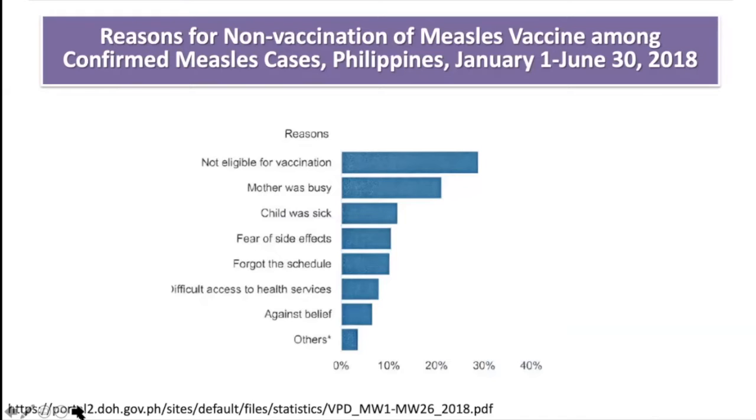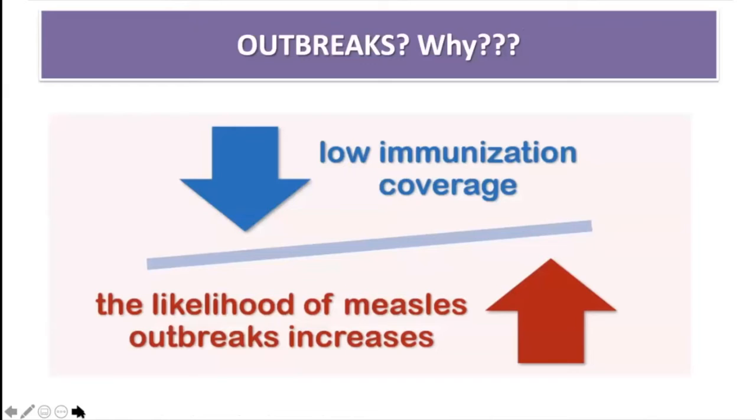Some of the parents fear side effects or potential side effects from vaccination, or simply they forgot totally the schedule, and others reported that there was difficulty in accessing health services, and a small proportion were saying that vaccination is against their belief. This is really quite problematic because, as you know, measles is so contagious, and with low immunization coverage, there's likelihood of measles outbreak to increase.